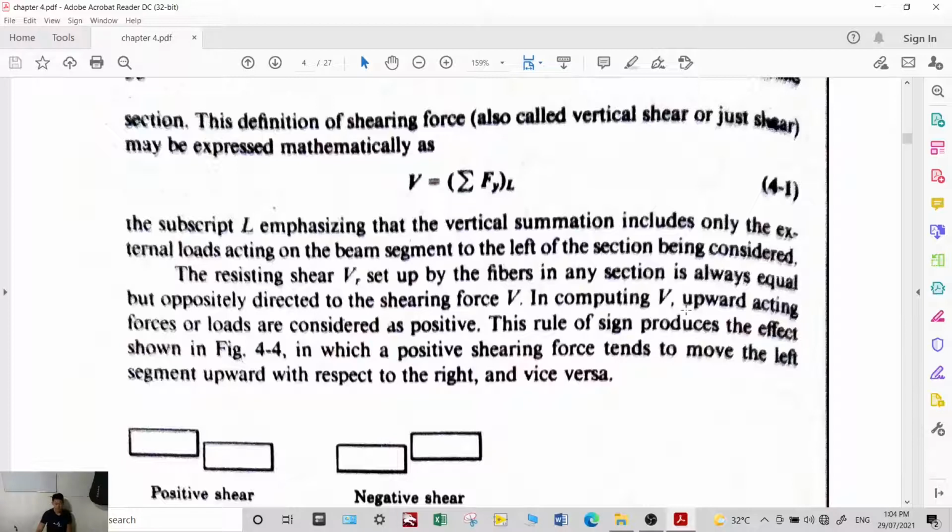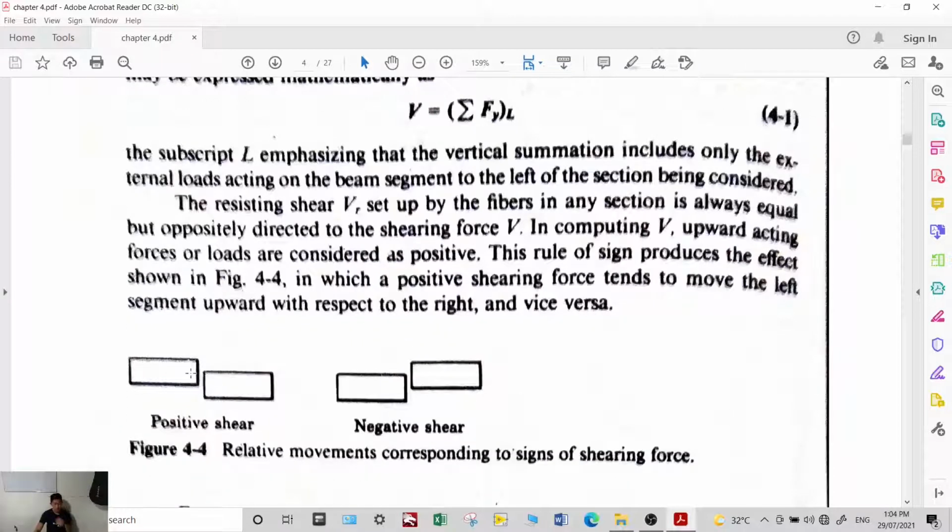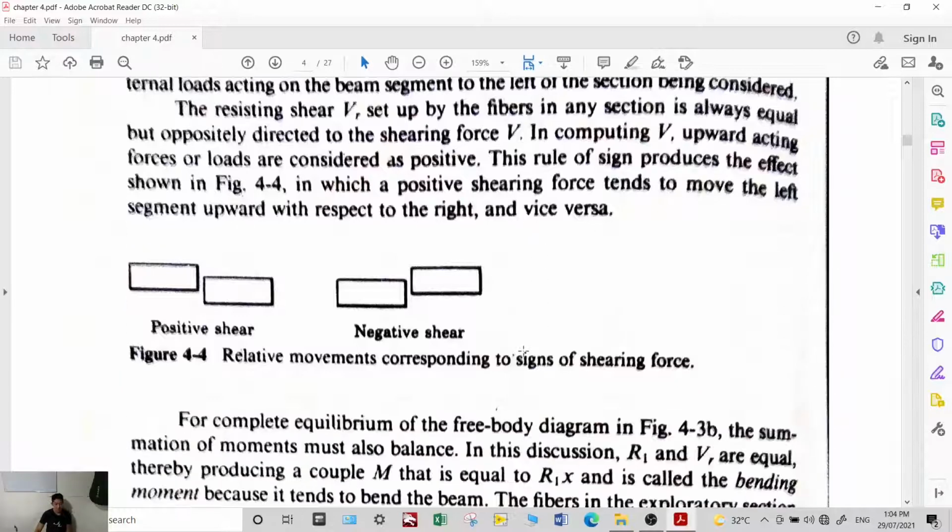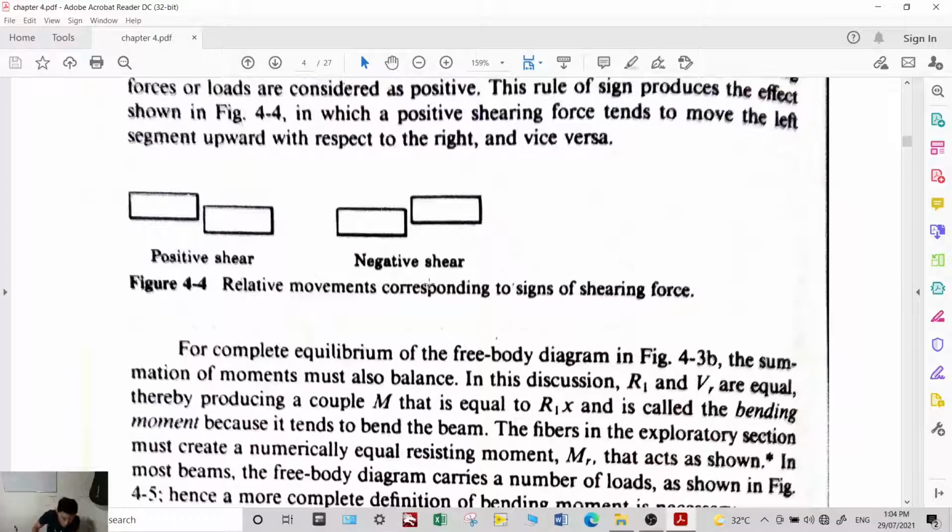So in computing V, upward acting forces or loads are positive. So upward is positive, because the beam tends to bend like this. Of course, if your force is upward, it tends to push the fibers upward. If negative, it tends to push down. Okay.